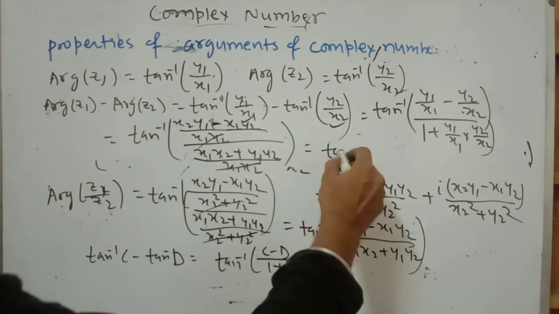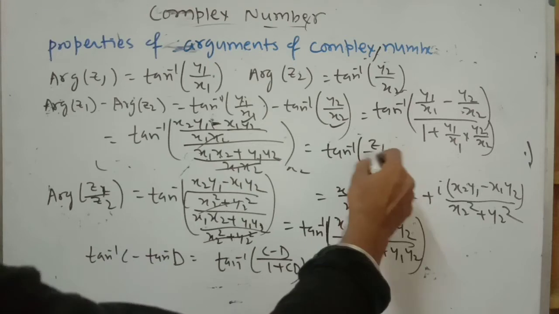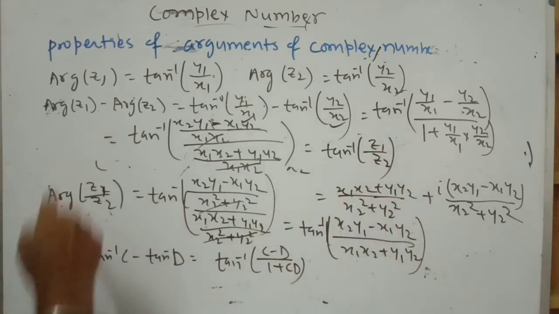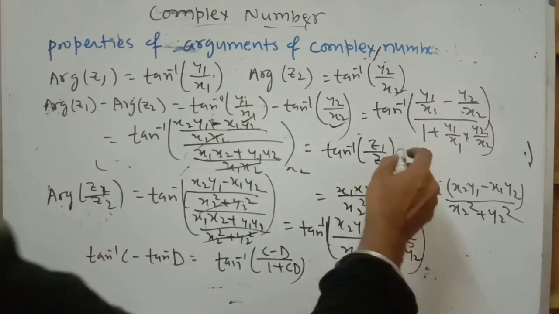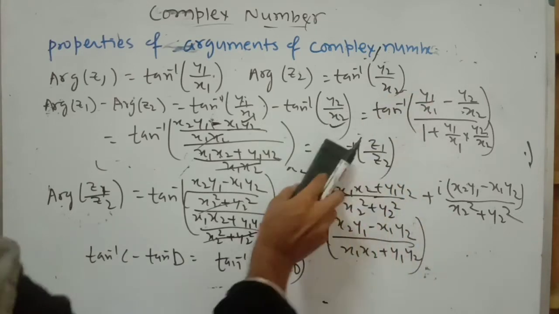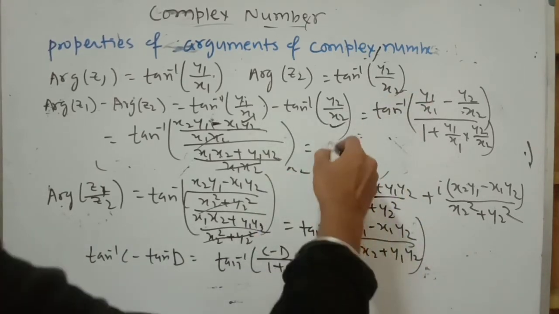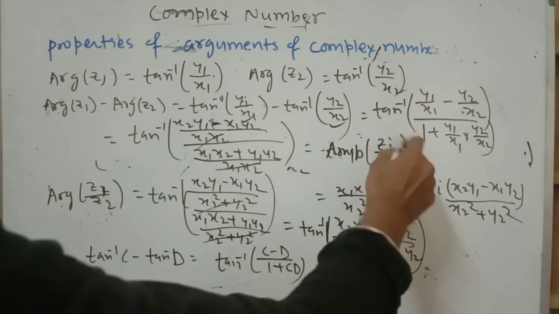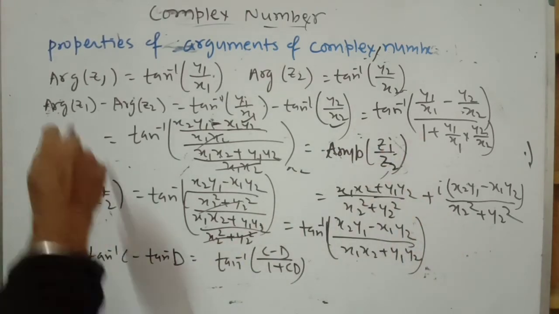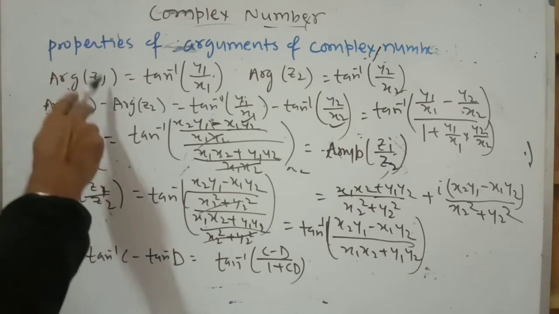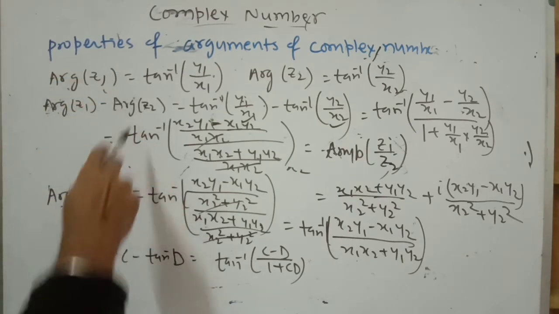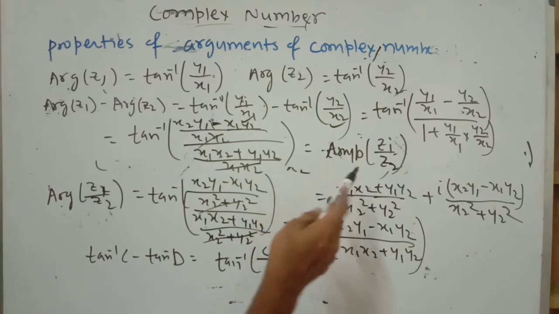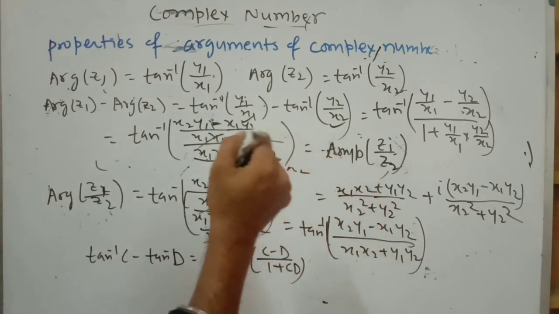That means you can write the amplitude of z1 by z2. So when you take argument of z1 minus argument of z2, it becomes argument of z1 by z2.